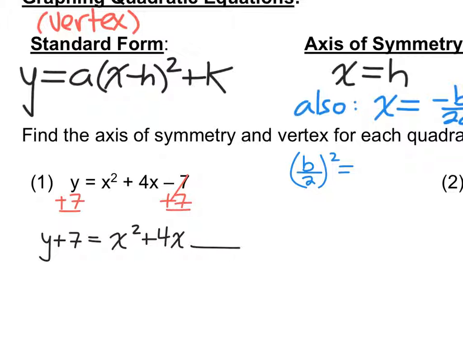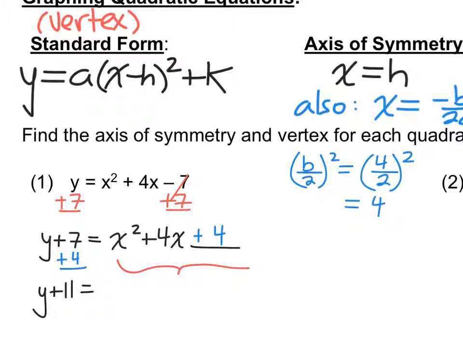But it's still Algebra 1, so let's do it by hand. You're not expected to do complicated math in your head just yet. So 4 over 2 squared would be what? 4. As calculations go, that wasn't too bad. So the left-hand side becomes y plus 11.